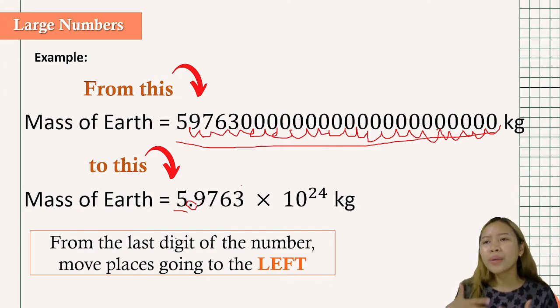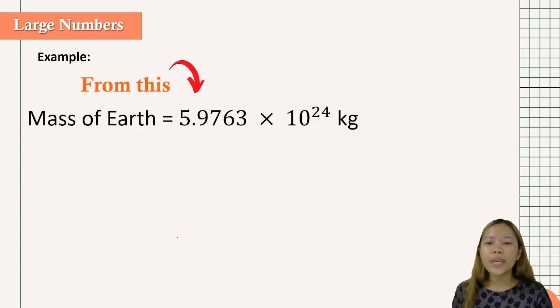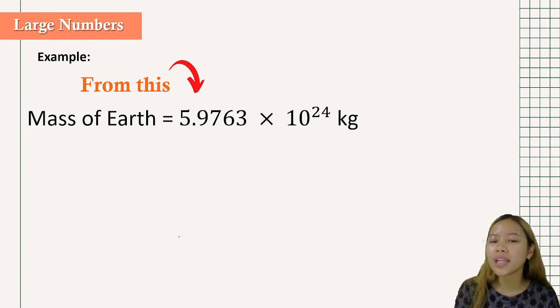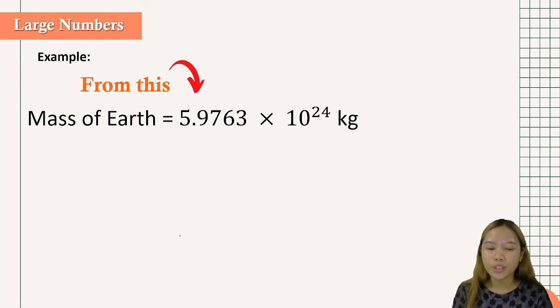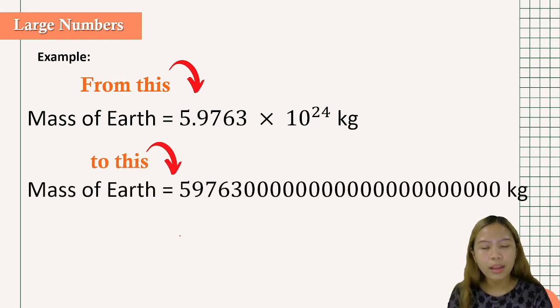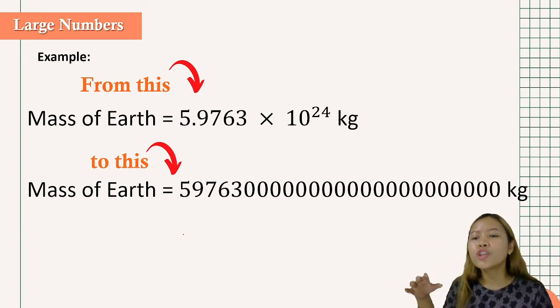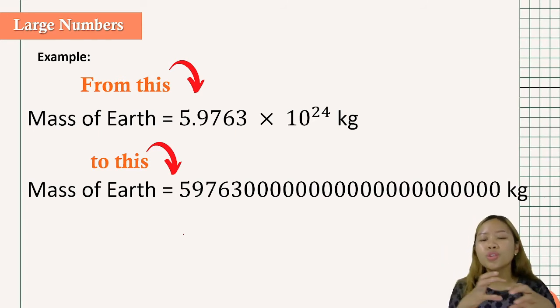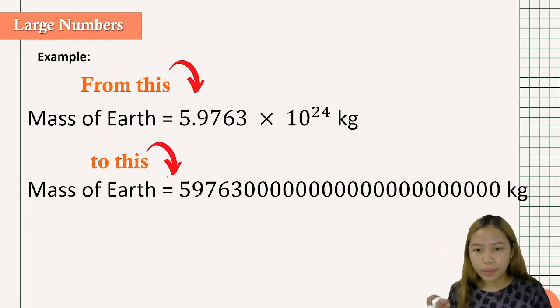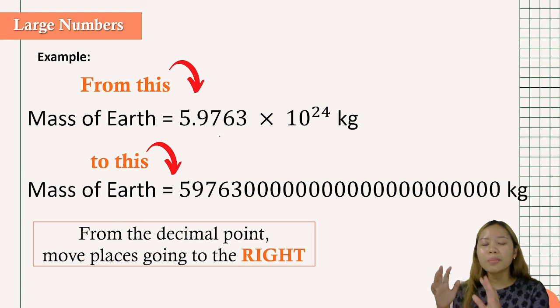Okay. And that's how we change standard form into scientific notation. But then, how are we going to change scientific notation into standard form using large values? Okay. So from this, we have 5.9763 times 10 to the 24th kilograms. And we are going to convert this into this. Okay. So, ano ang himuon ta? So, kagina nag-move kita going to the left. So, in converting scientific notation into standard form using large numbers, from the decimal point, we will be moving places naman going to the right.